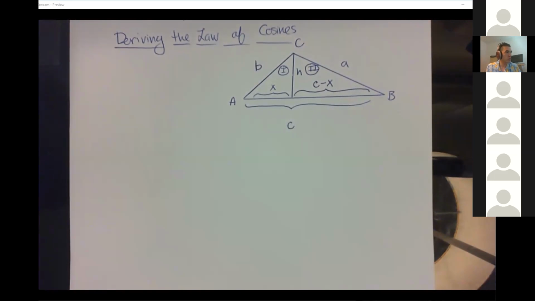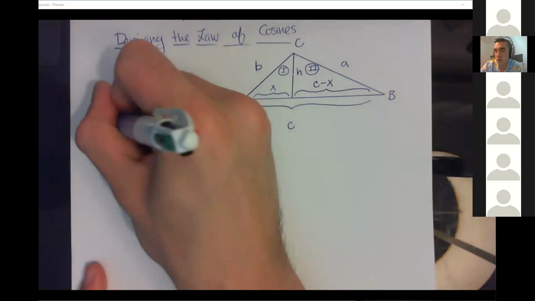And so what we're going to do here in order to build out the law of cosines is we're going to do the Pythagorean theorem twice, and then we are going to get rid of x using a cosine. So first things first, let's do some work here for triangle 1.